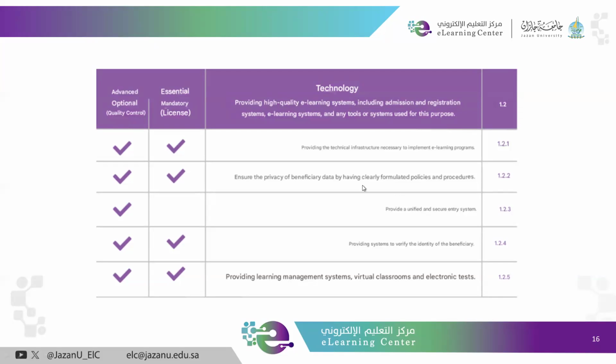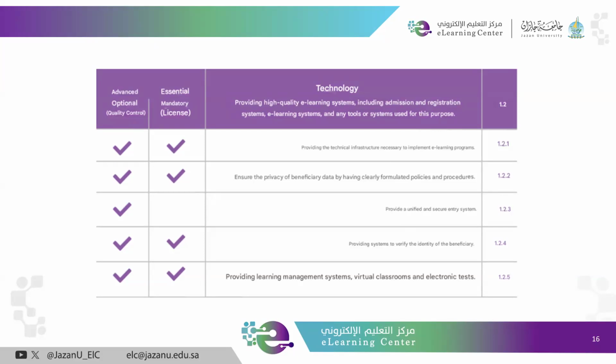Next, it requires ensuring the privacy of users and beneficiaries through clear policies and procedures. Next, it requires a unified and secure entry system to maintain security and cohesion. Next, it requires a system to verify and identify user beneficiaries, likely for authentication and security purposes.